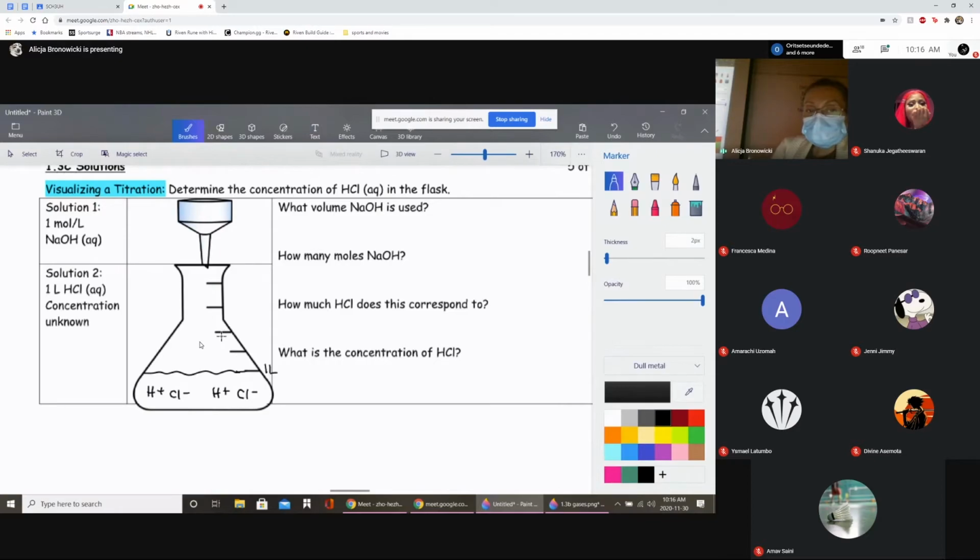I'm going to find out the concentration of my hydrochloric acid by pouring in sodium hydroxide. This doesn't really look like a proper titration setup; it was the clip art that I could find. So I have Na+ OH-, which is what's being dripped in.